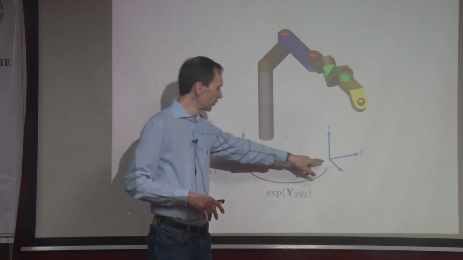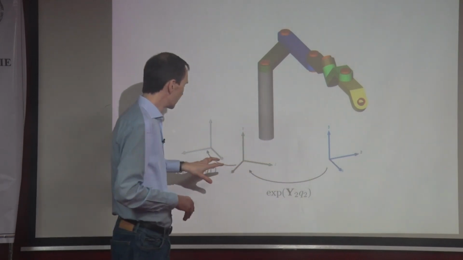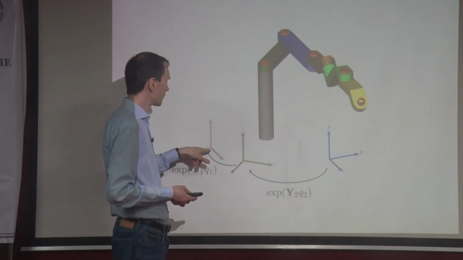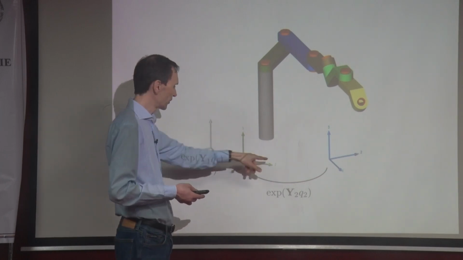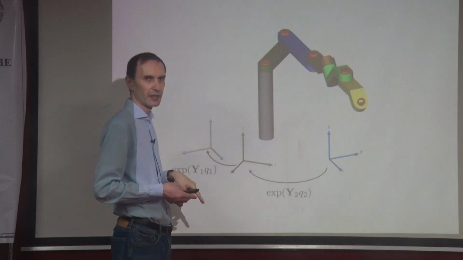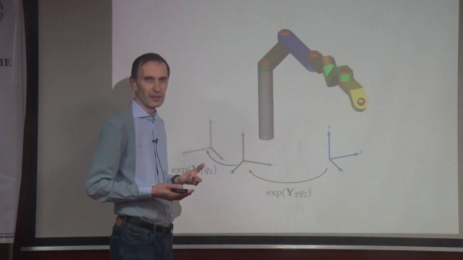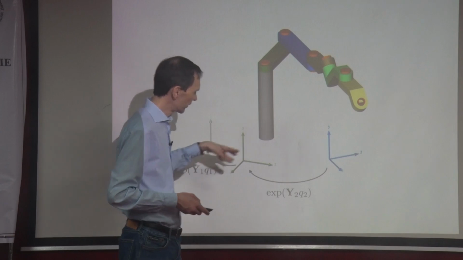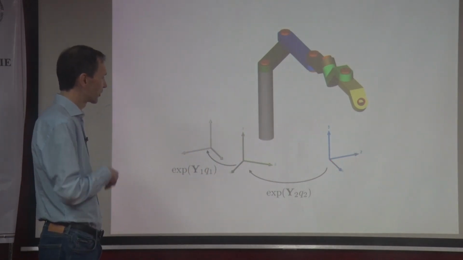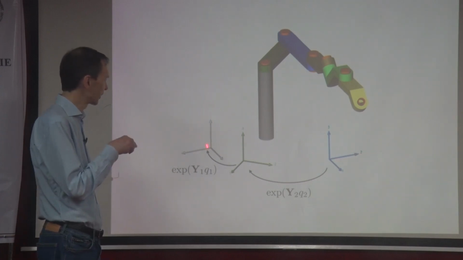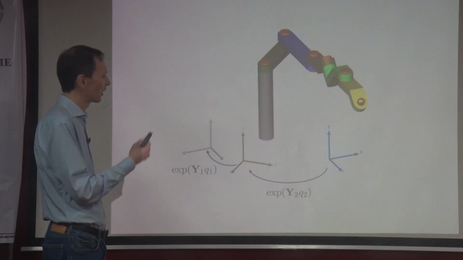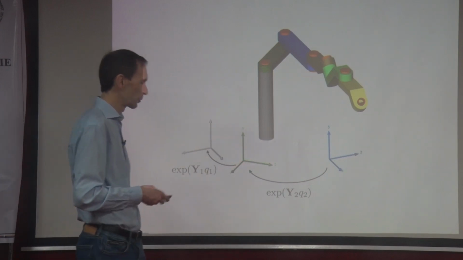Because for the blue one, the frame in which the screw coordinates are expressed is now the green frame, because the green frame was initially the one in which we expressed it, right? And that's why, exactly as you said, the blue one is moving relative to the green one, not relative to the gray one, because the green one now serves as the space fixed frame for the blue one.